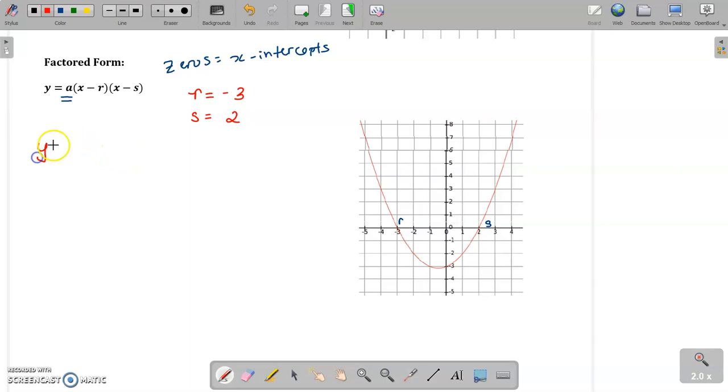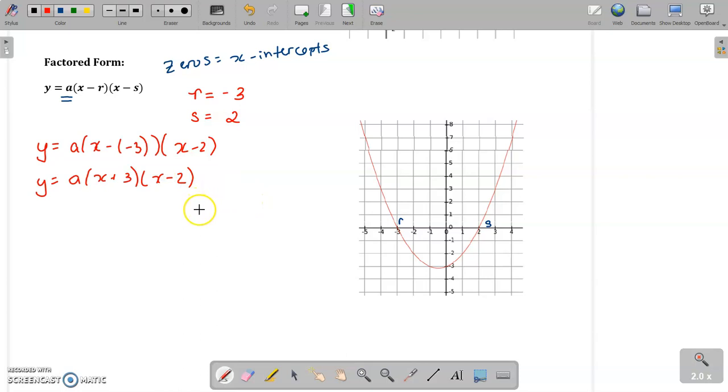And I fill that into the equation. We have x minus -3 times x minus 2. And we simplify that. We know the negative and the negative would become positive. So now we have x plus 3 and x minus 2.